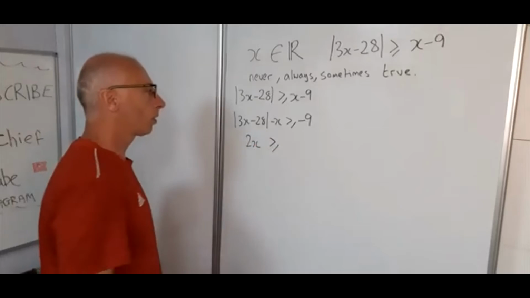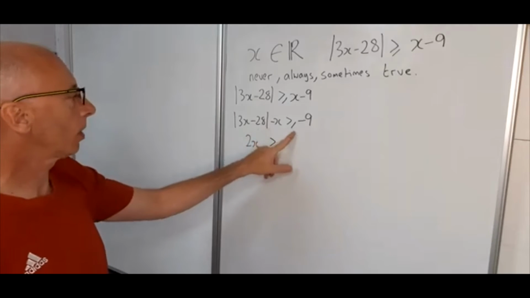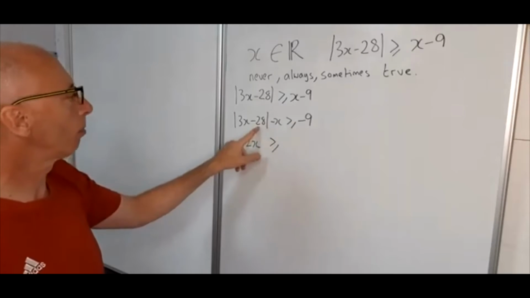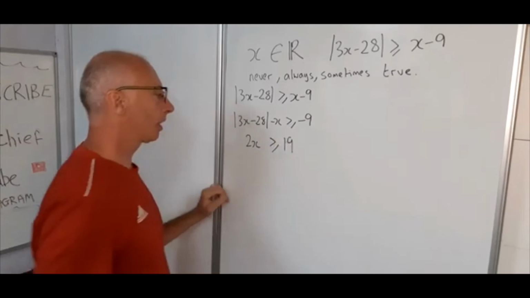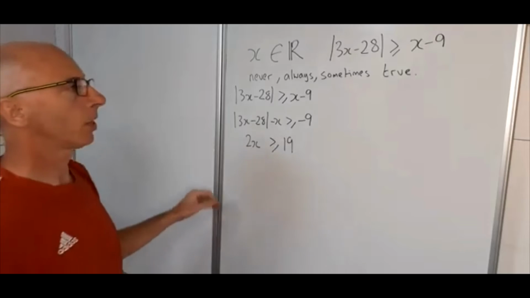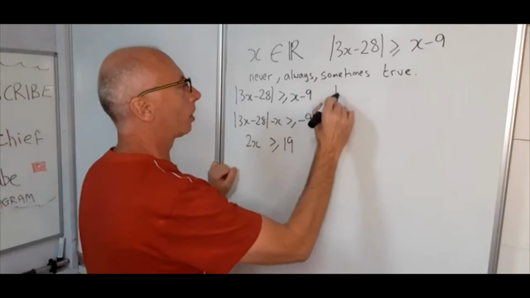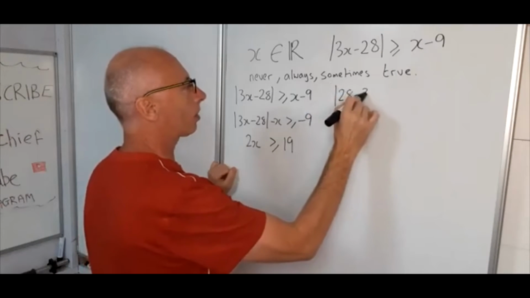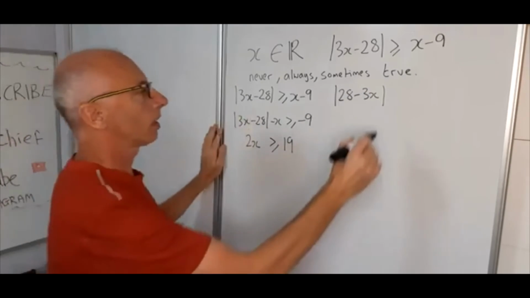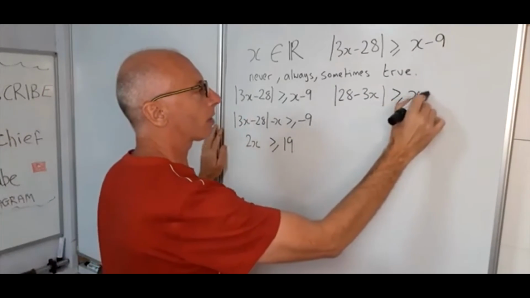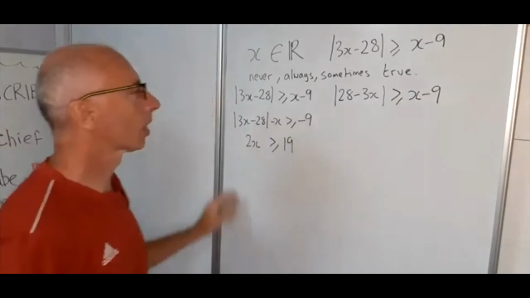It's greater than or equal to, then add 28 on both sides, minus 9 plus 28 will give us 19. And then for the other one, we'll go 28 minus 3x, so that's the reverse of that, is greater than or equal to x minus 9.